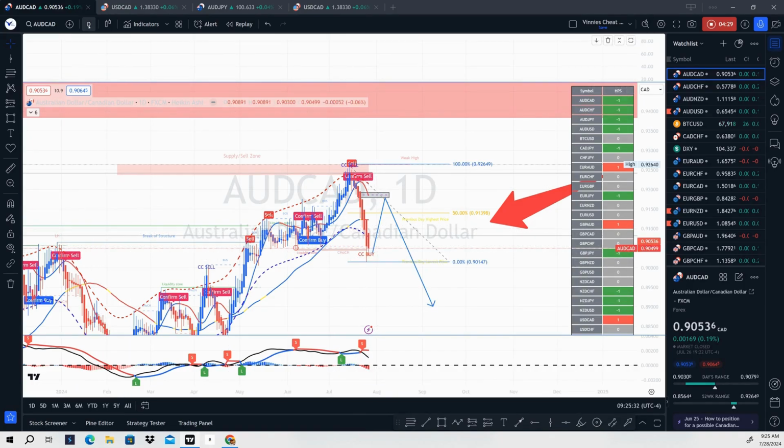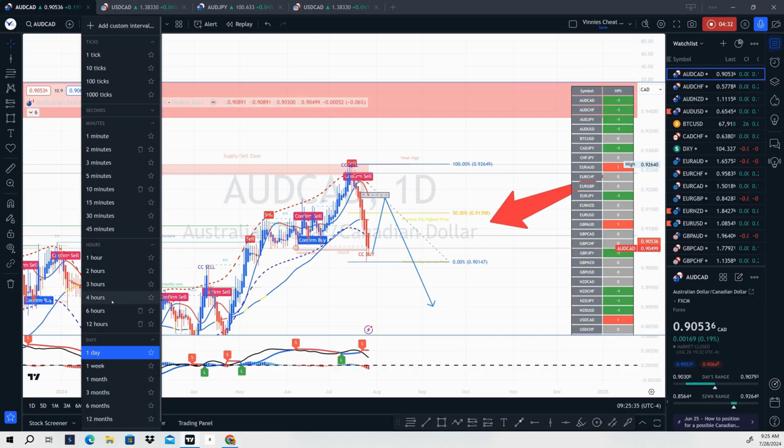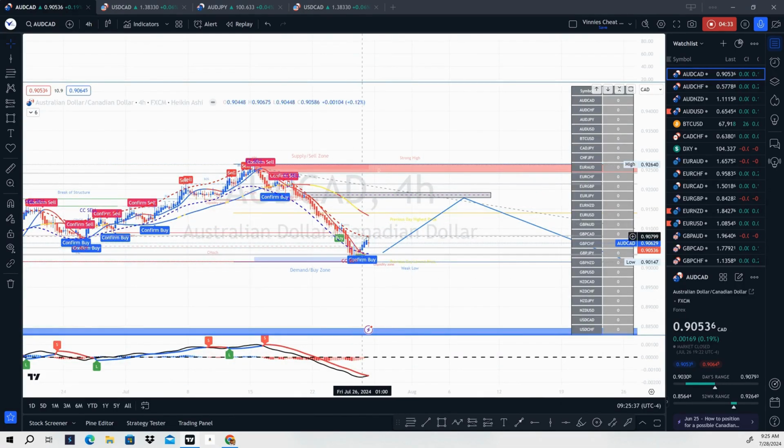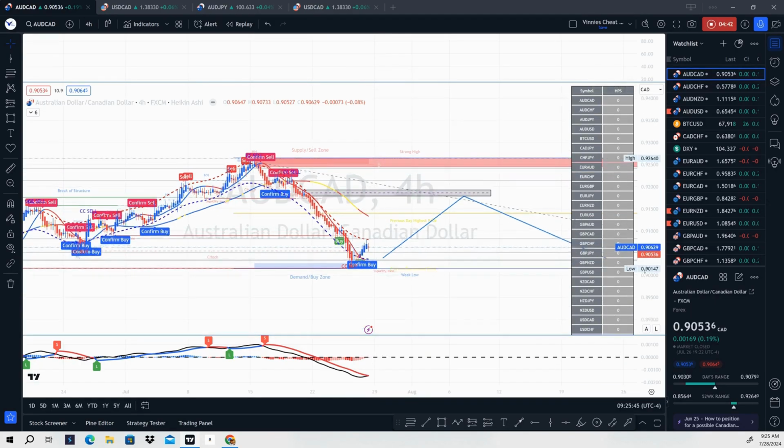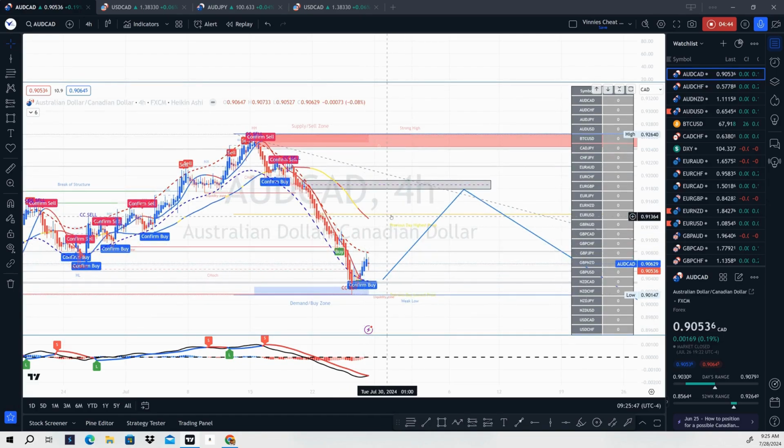So all we have to do is go to the 4-hour time frame and trade with the 4-hour time frame trend. So we got our confirmation buy here. That means we can buy AUD CAD for a little bit. And then when price gets to our sell zone, we can look for a sell opportunity to trade with ultimately the daily time frame.